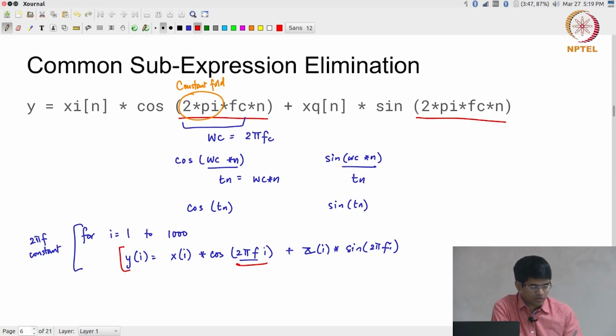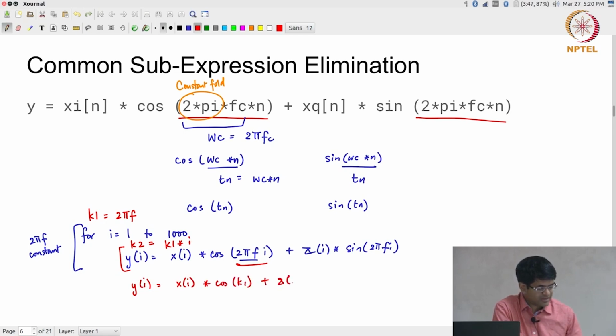Okay? So I could do it in two steps like this. I could create one constant k1 equals 2 pi f, and then k2 equals k1 into i, and replace this with y of i equals x of i into cos of k2 plus z of i into sine of k2.